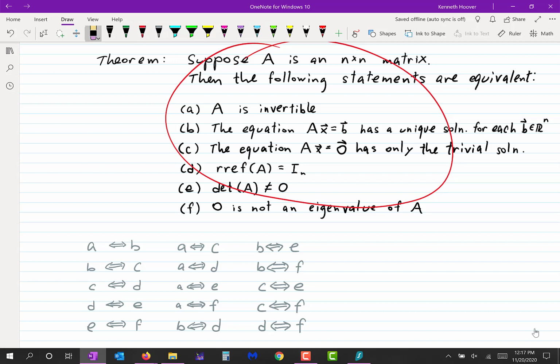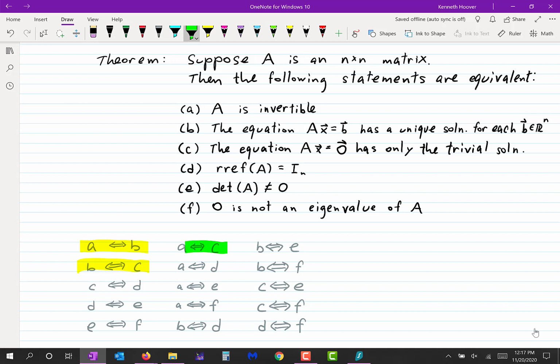So in theory, you would have 30 subproofs, right? But do you have to do all 30? I think obviously not, because, for instance, here's just one thing to point out that's obvious. If you prove A is equivalent to B and B is equivalent to C, then haven't you already proven that A is equivalent to C?